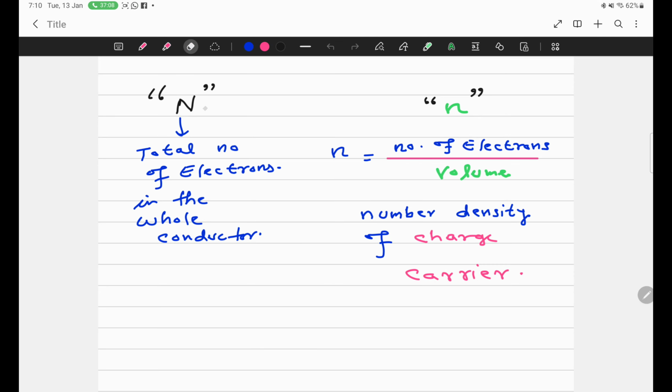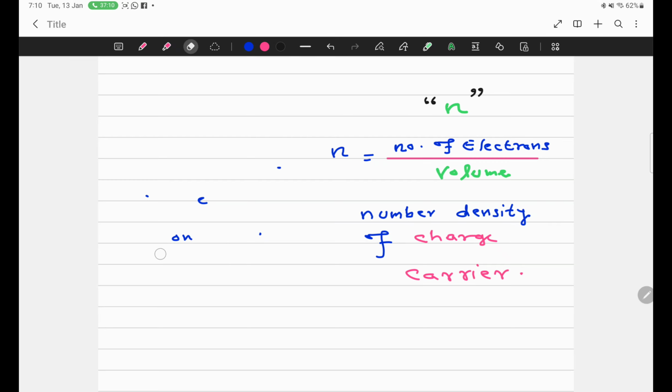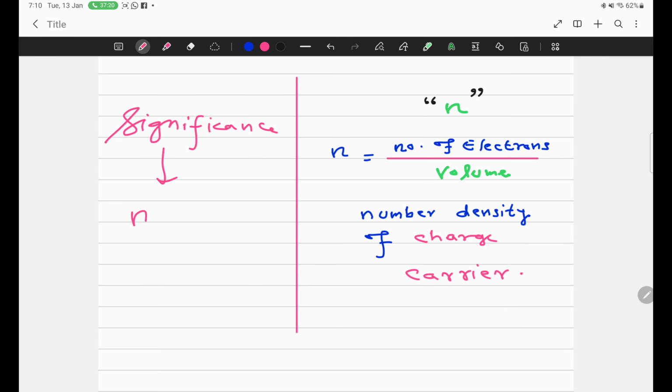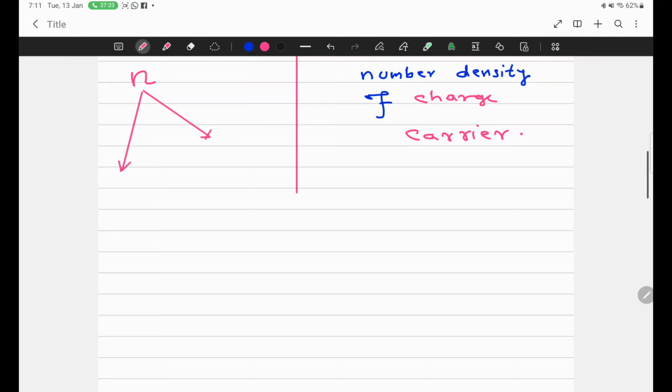Now, what is the significance of small n? The answer is that this number density of charge carrier determines how good a conductor a material is.